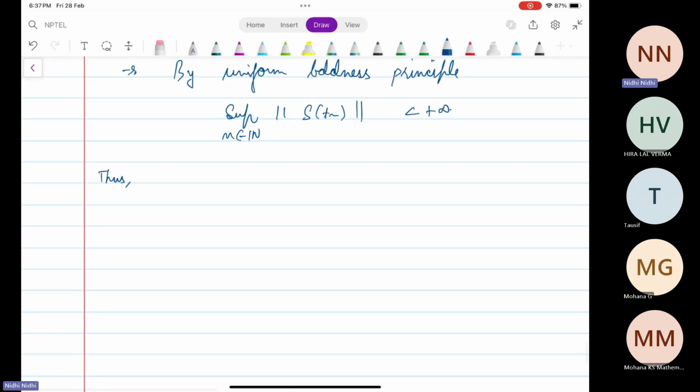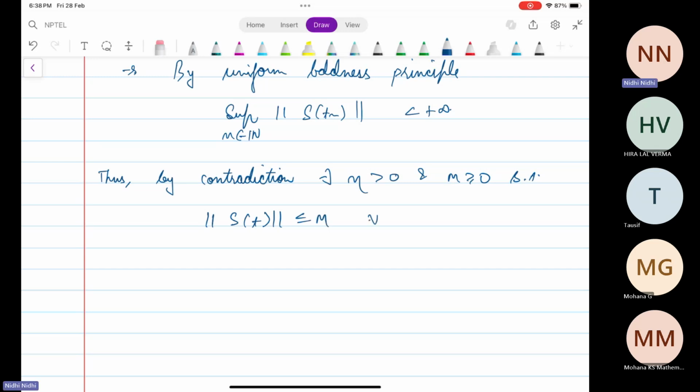Thus, by contradiction, there exist some eta strictly positive and M greater than or equal to 0 such that norm St is less than or equal to M whenever 0 < t < eta. This is what we needed to prove.